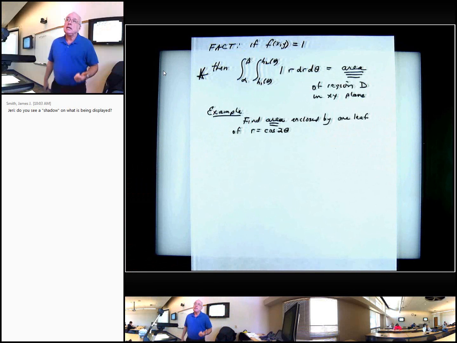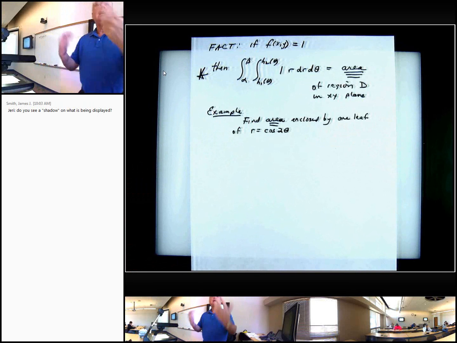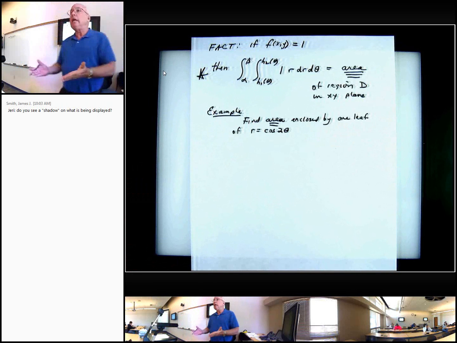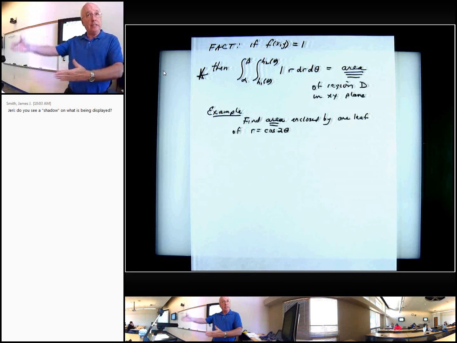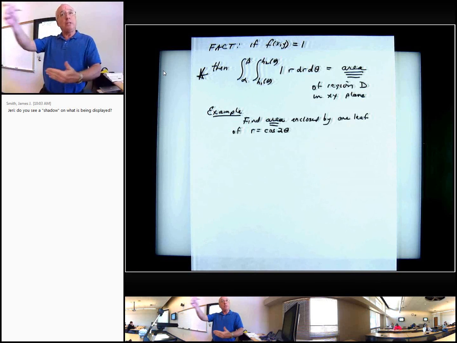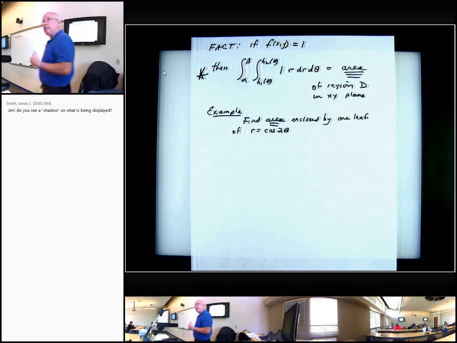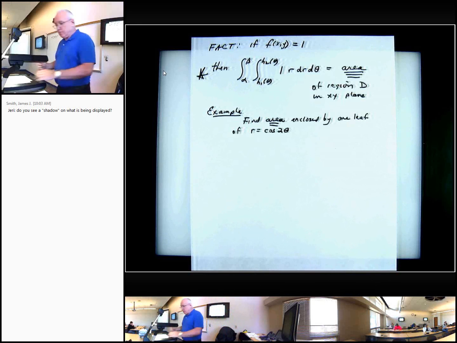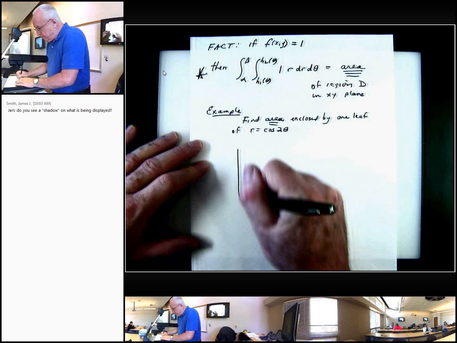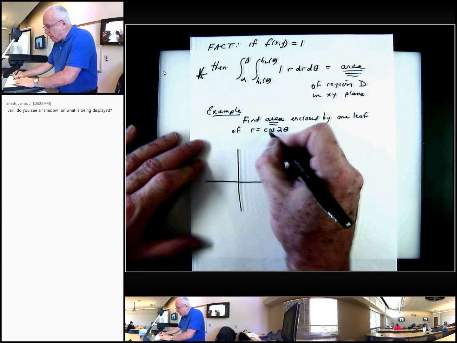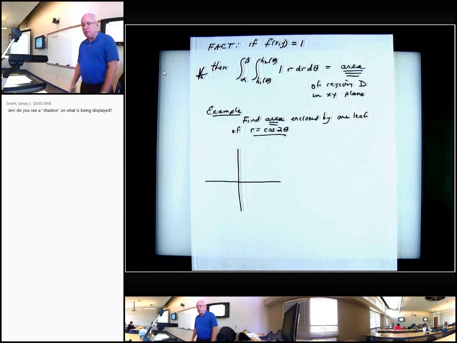What we had done last semester was, say on a test, I had a table that you could fill in some values, and from the table get a rough idea of what this thing looks like, okay? So here, this is the graph of r equals cosine of 2 theta.